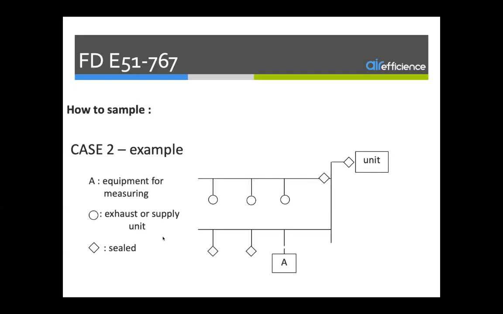Here to illustrate the case 2, here are the part of system that is tested. Here it's sealed. We have one wall floor to the unit, and the area tested higher than 10 square meter and higher than 20% of the surface of the whole system.